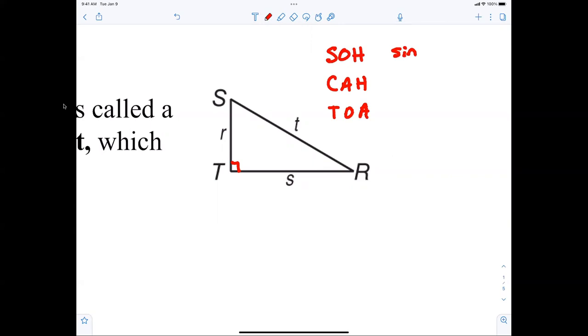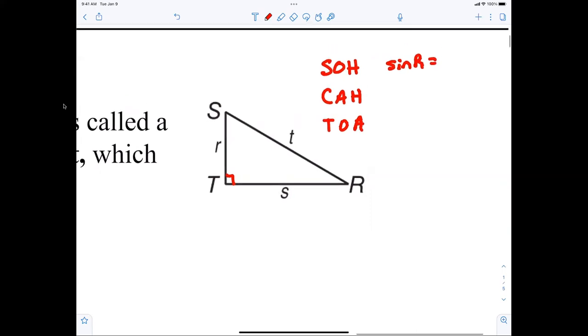And the variable is an angle. So if I said the sine of R, you would define the sine of R as O stands for opposite. H stands for, guess what? Hypotenuse. That's exactly correct.